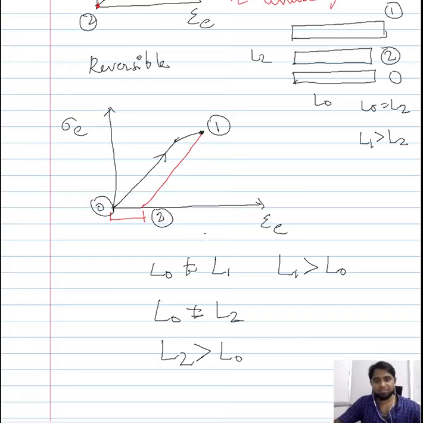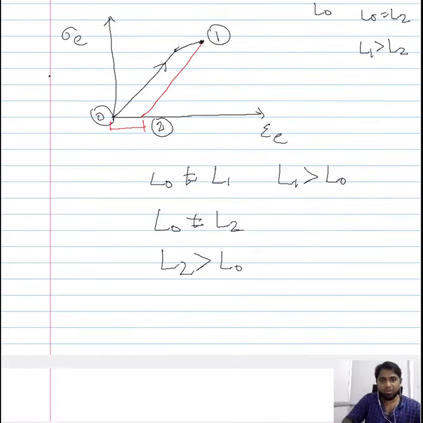So L0 is the original dimension, and at this point it is L2. There is a significant difference in the longitudinal dimension of the material, even though the material is not experiencing any load. So what has happened is that an irreversible change has occurred in the material.